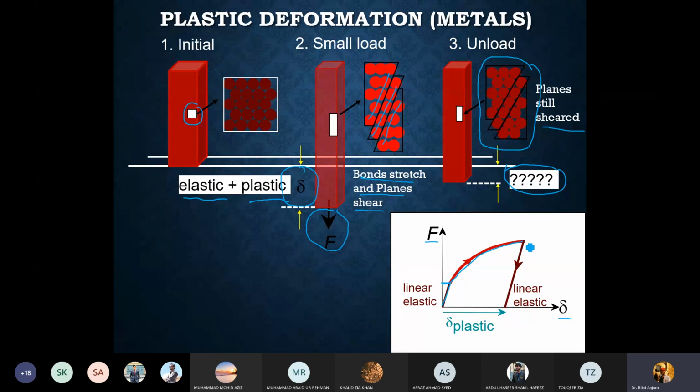And when you release the force, the body would not get back to its original position. There would be a permanent deformation, which is measured by this length. This permanent deformation or plastic deformation is basically associated with the shearing of the planes. All right, clear enough?